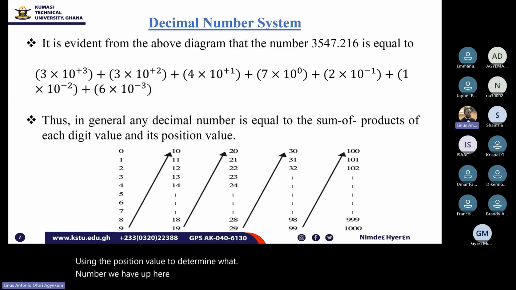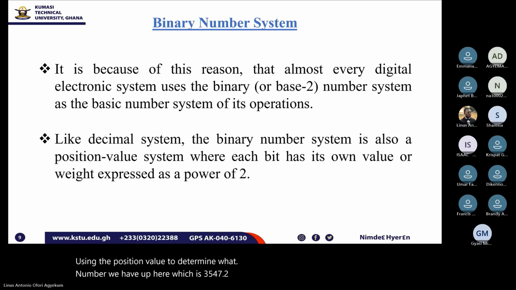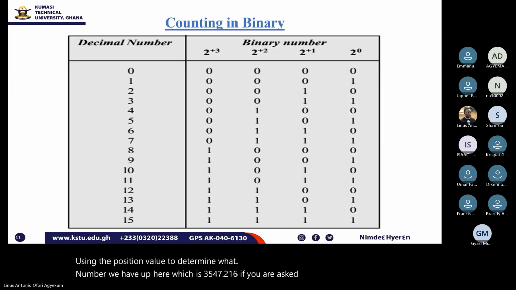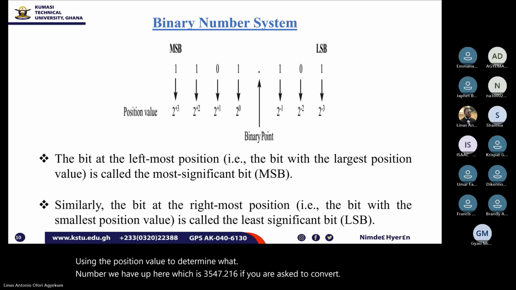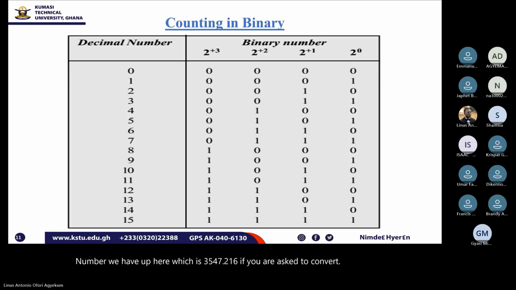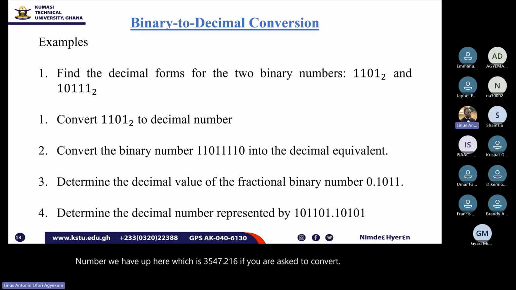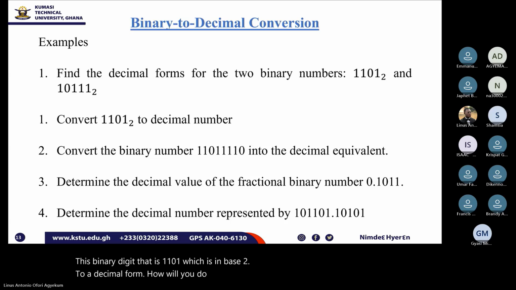If you are asked to convert this binary number, that is 1101, which is in base 2, to a decimal form, how will you do it? Can someone help? Someone should give it a try.